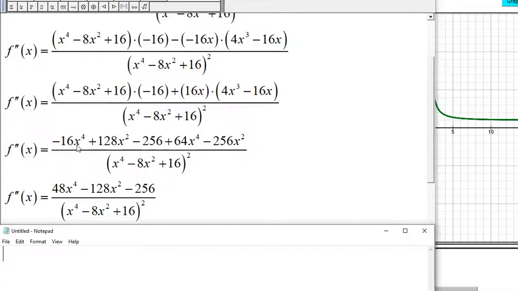This is minus 16x to the fourth plus 64x to the fourth. They are like terms, so minus 16 plus 64 is 48x to the fourth. 128x squared minus 256x squared is minus 128x squared, and then minus 256.